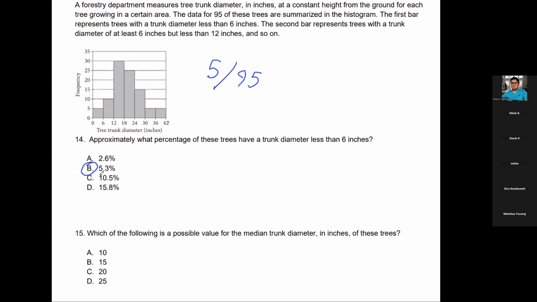Well, basically, we just have to find the middle number. So we just take this 5 and this 5. So whatever we take from the left, we take from the right.